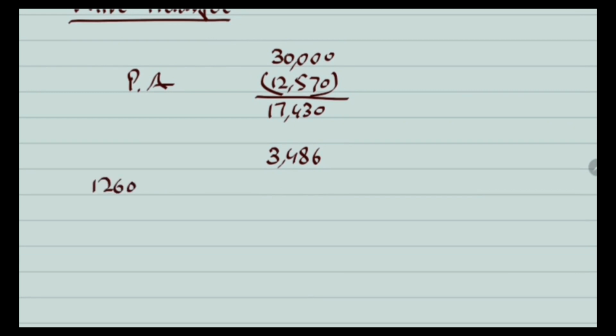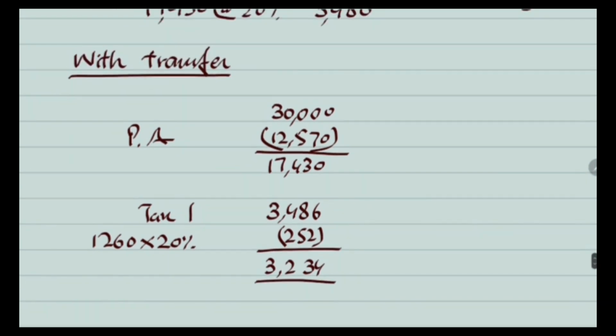And how is this 252 calculated? 20% of 1,260. So the tax liability which we have calculated as 3,486 would be reduced by 252 and reduced to 3,234. So as an implication of receiving the marriage allowance of 1,260, there is nothing to change in his personal allowance. What we need to do is reduce the tax liability by 252.